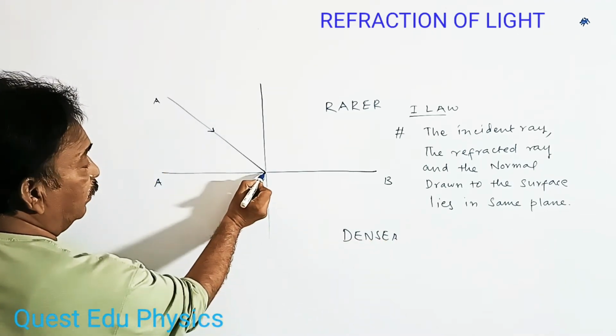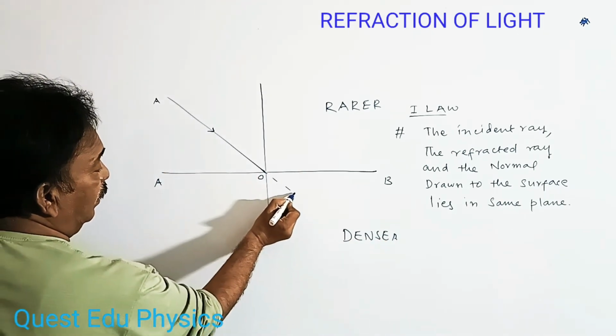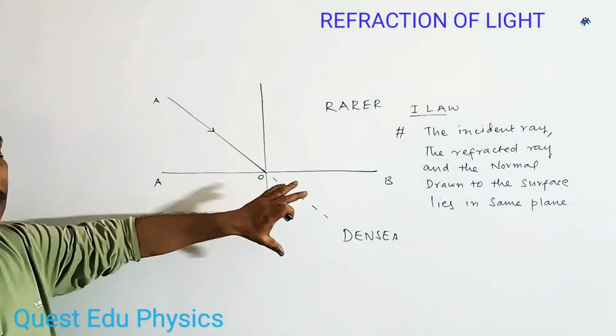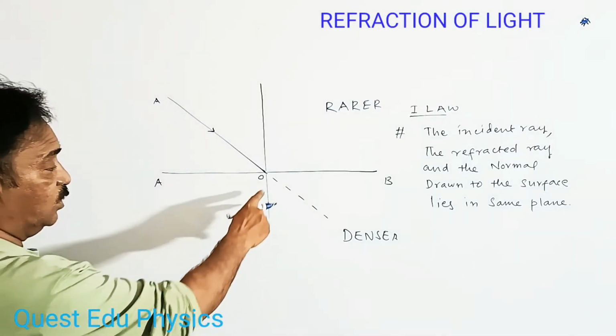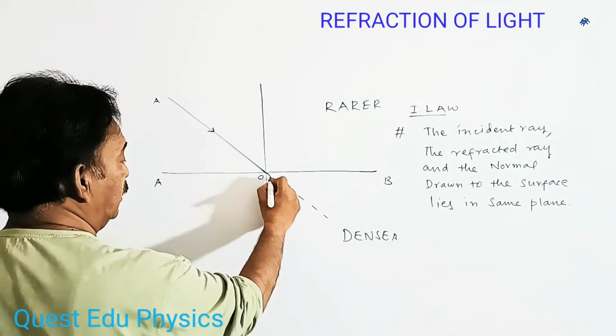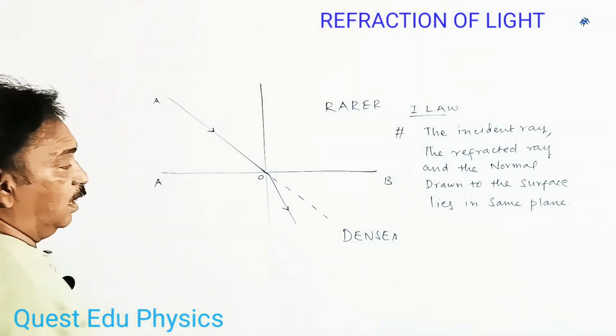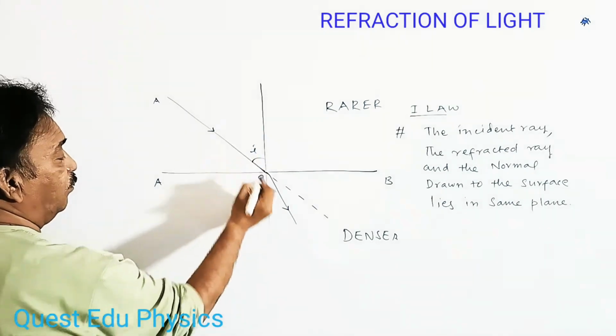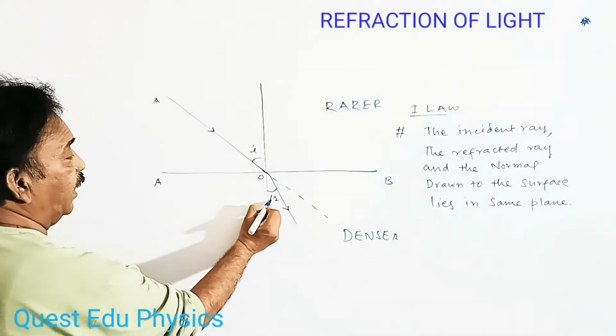You know that the actual path of the light ray is this, because of the change in densities. Okay, students, what did happen here? It changes its path and moved in this way. It is the angle of incidence and it is the angle of refraction.